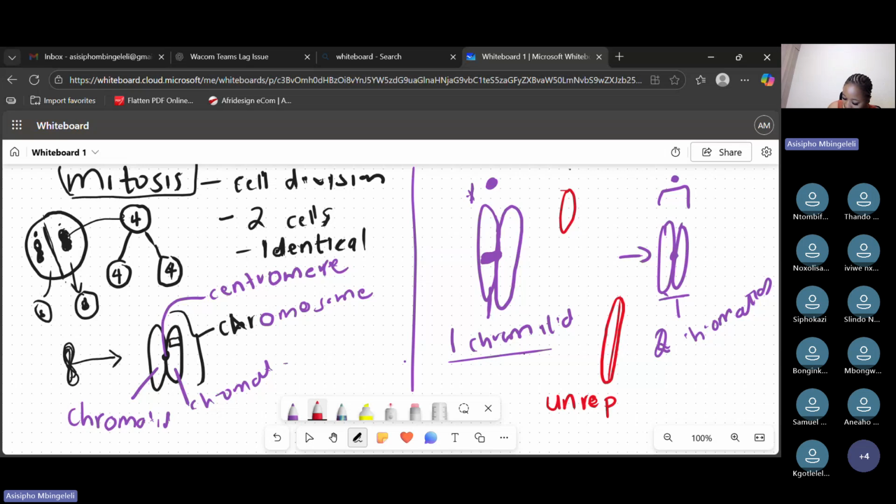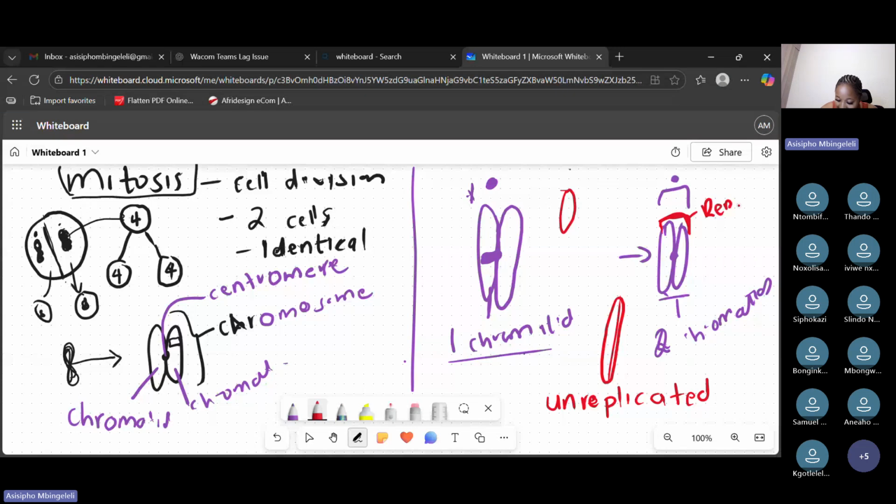It's not writing. Yeah, there you go. Unreplicated chromosome. Please do listen to what I'm saying, just in case the pen fails. Unreplicated chromosome. When you are having a chromosome with two threads, two chromatids, you can refer to it as a replicated chromosome.